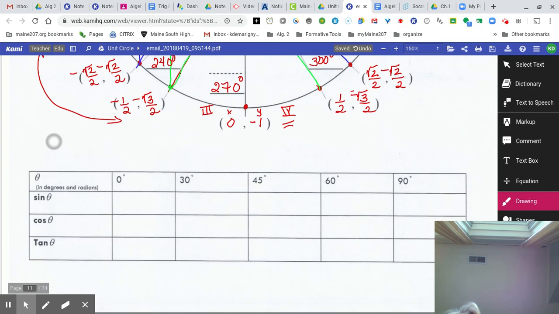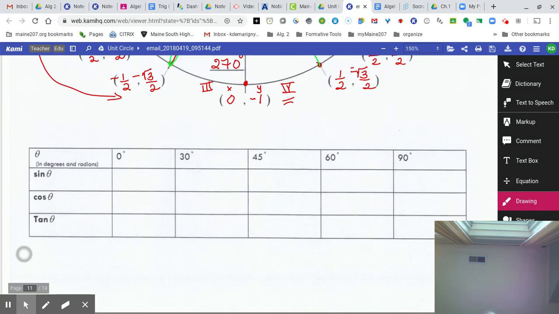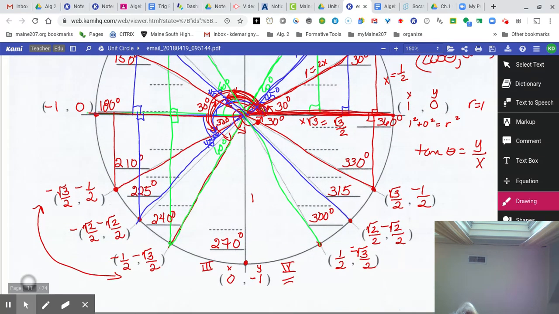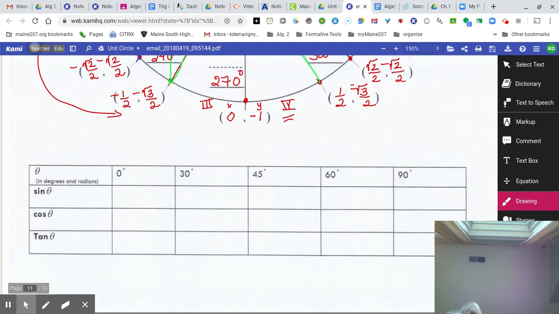I'm going to do the first one. Let's go down to the bottom and we'll pick a couple of these. Now you can go back and forth at your chart right now and look at it. So if I ask you for the sine of 0 degrees, you look back at your chart. Remember, they're in the order of cosine, sine. So the sine of 0 degrees is 0.